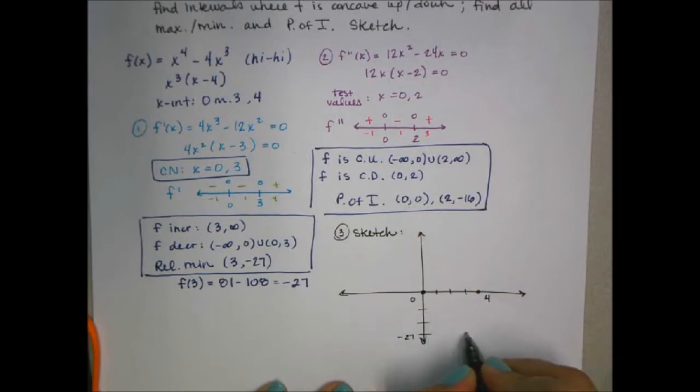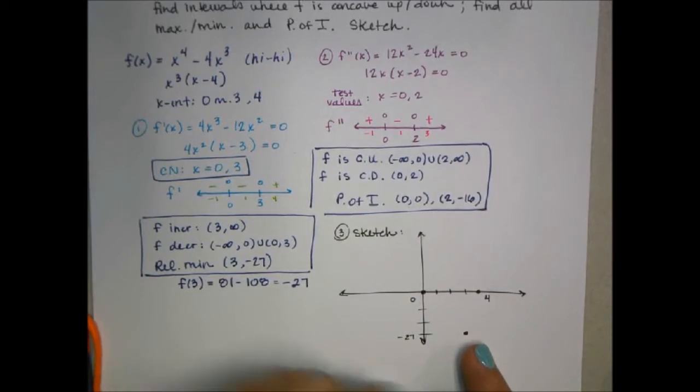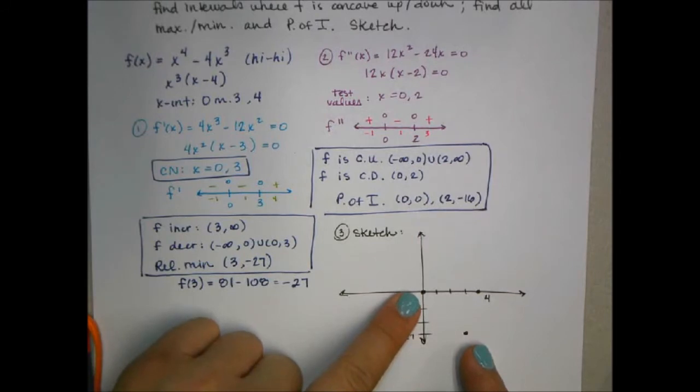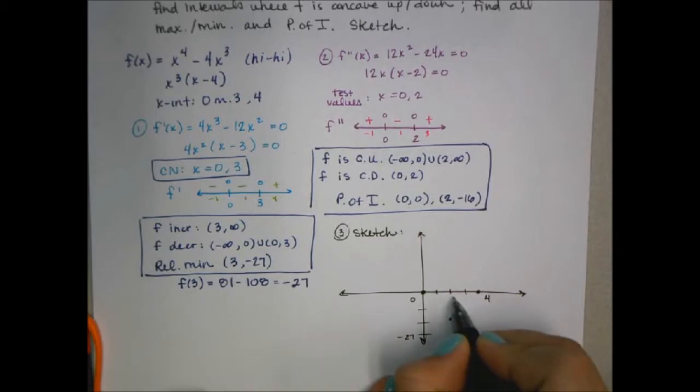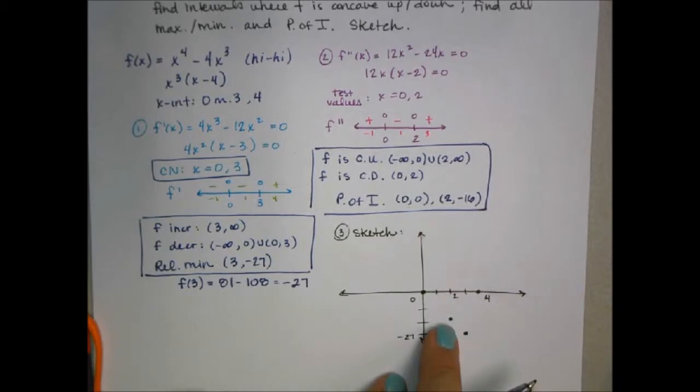That's our minimum, our relative minimum, so a lowest point for the graph. And then we have 2 points of inflection, one at 0, 0, which we already have, the other at 2, -16, so it's going to be about here. That's a point of inflection. The concavity changes at both of these points.